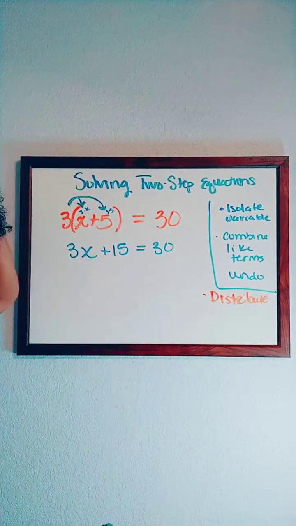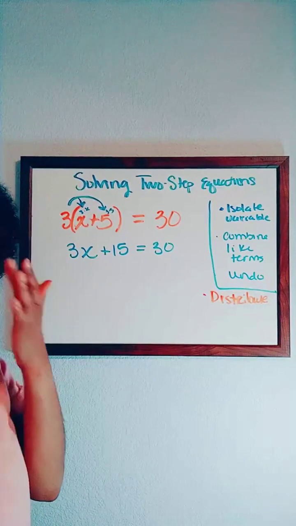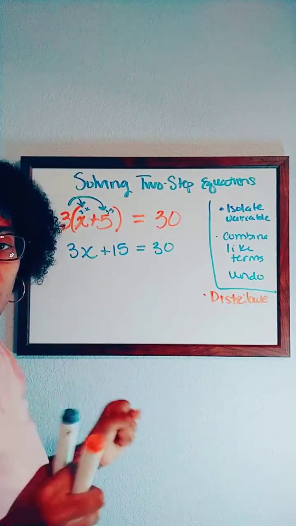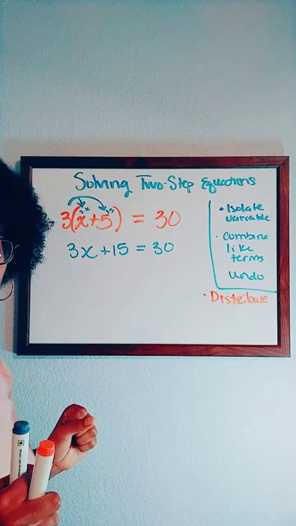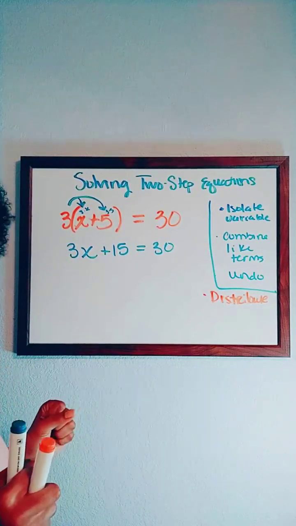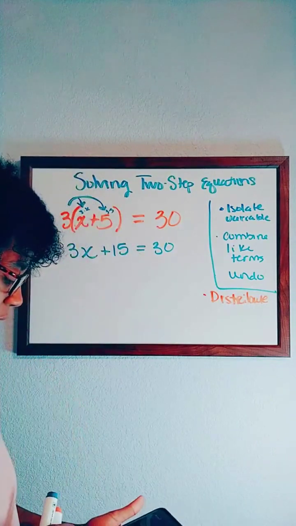We just multiply and get rid of those parentheses. And now we don't have no more parentheses. And now we have a 2-step equation. Perfect. And now we can solve. Excellent. So first thing we need to do, now y'all can actually solve for x.